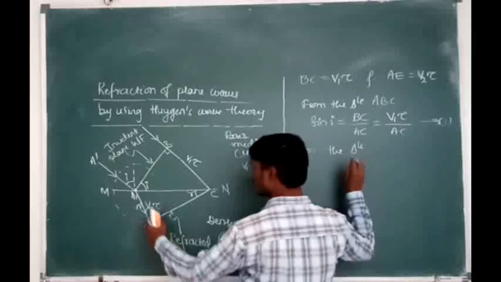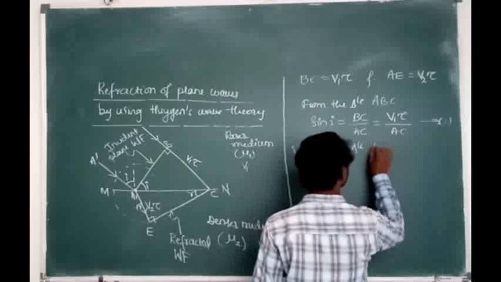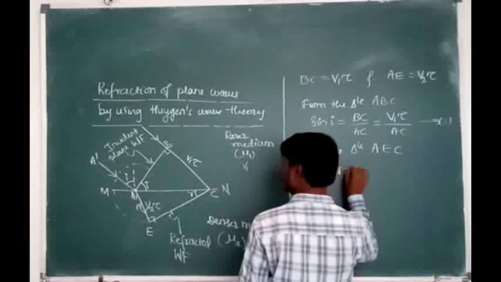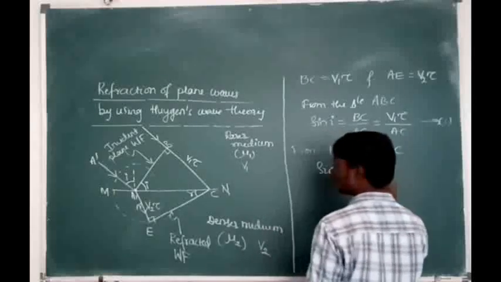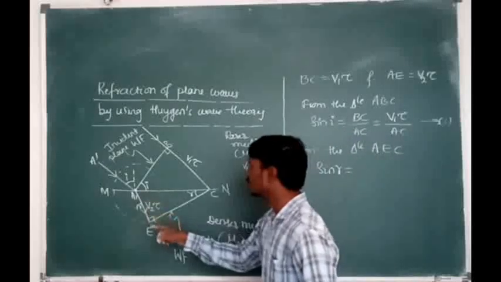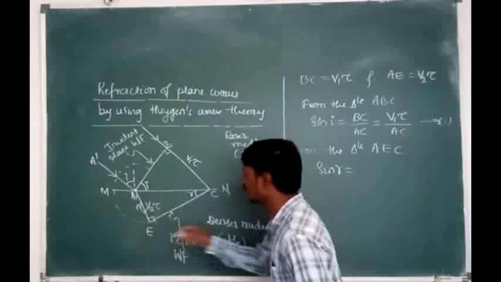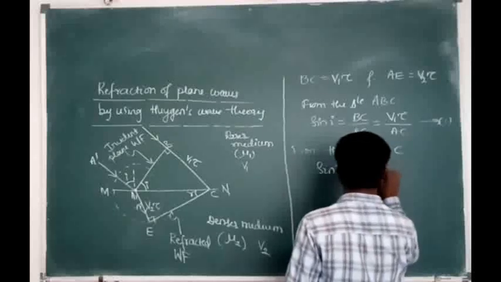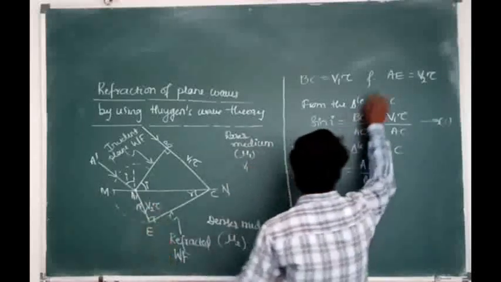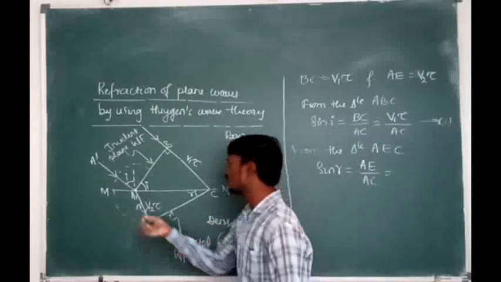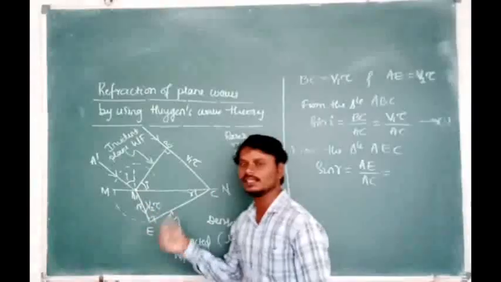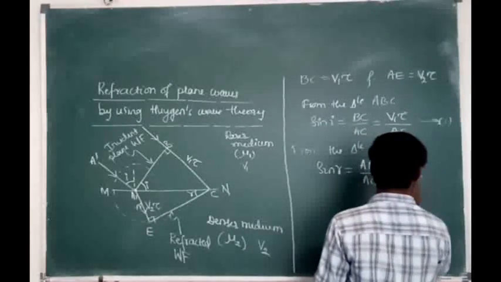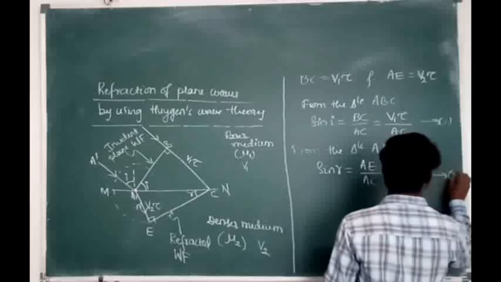From the triangle AEC, sin r is the opposite side divided by the hypotenuse. The opposite side is AE, and the hypotenuse is AC. What about AE here? AE is nothing but v2 into tau, the distance traveled by the secondary wavelet from A to E in the denser medium. That is v2 tau divided by AC. Then it is equation 2.